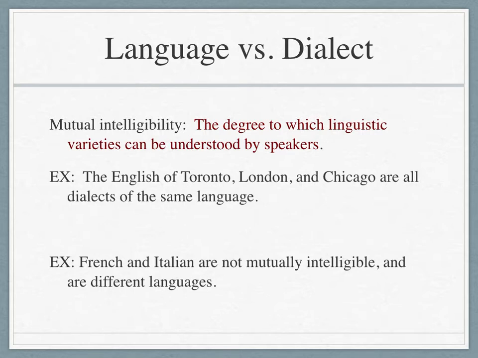Mutual intelligibility would mean that you don't speak each other's language, but you can still understand each other. So if they don't speak each other's variety or each other's language, French and Italian speakers cannot carry on a very successful conversation because those languages are not mutually intelligible. Therefore, they are not dialects of the same language, but rather they are separate, different languages. Okay?